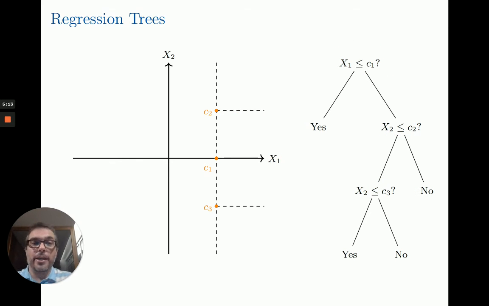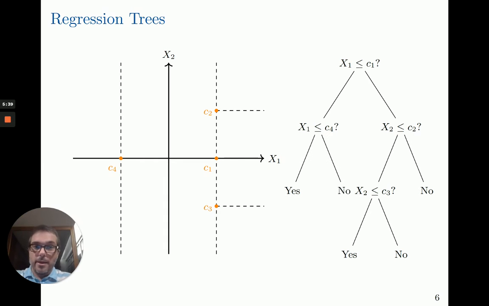Now we are going to take the subspace where x1 is larger than c1, x2 is smaller than or equal to c2, and then we ask again if x2 is smaller than or equal to c3. So we have another point here, c3.